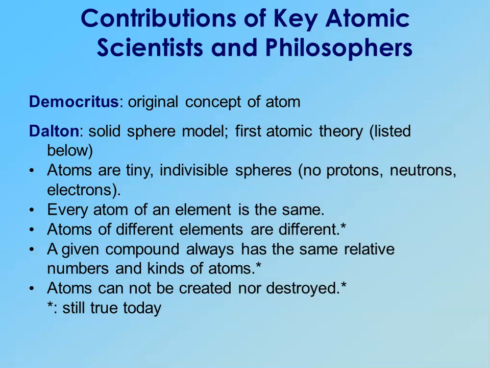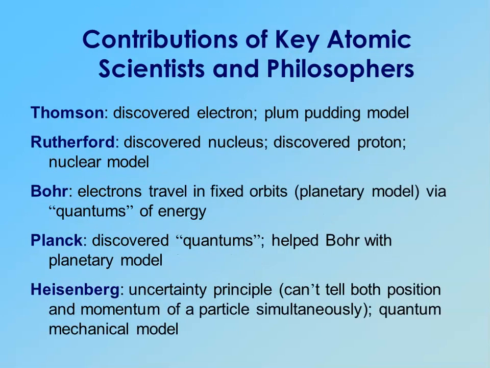Although there definitely are attributes to it that do not apply anymore, we know that atoms are not indivisible. We know that atoms of an element aren't all the same because of isotopes, but the latter 3 are still true. We know that different elements have different atoms, that compounds will always exist of the same relative amounts and kinds of atoms, and that you can't create or destroy them. Pretty freaking amazing to me.